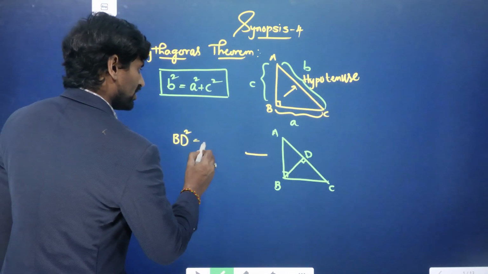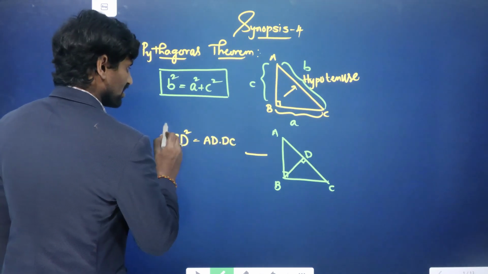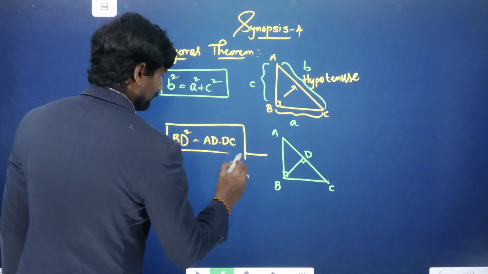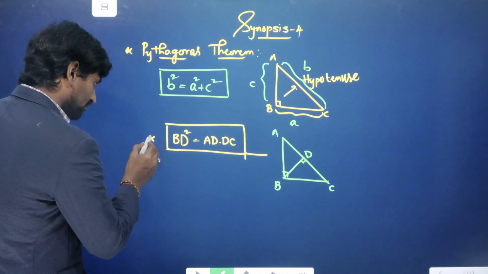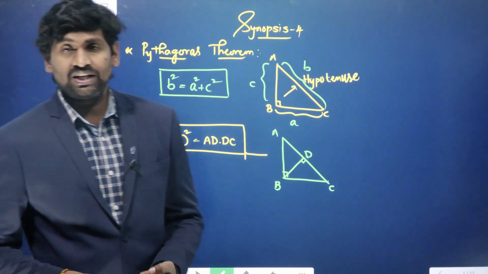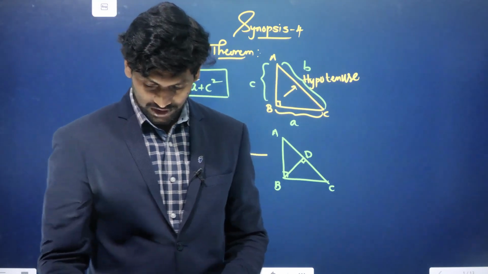That is equal to AD into DC. In a previous class, we have already discussed how it came. Okay? This is one of the important properties we are going to use in our problems related to the right angle triangle.